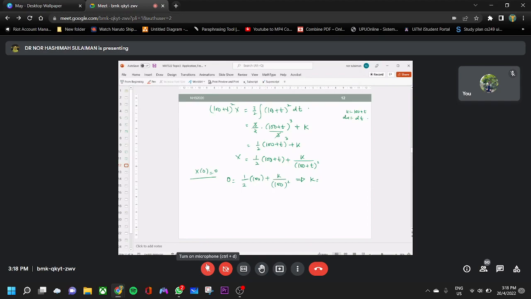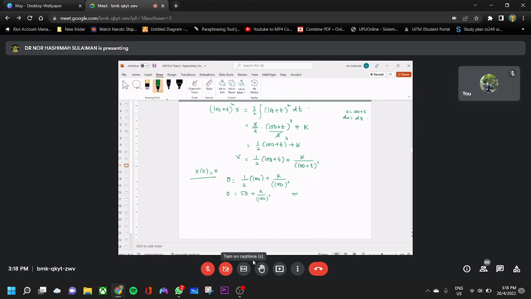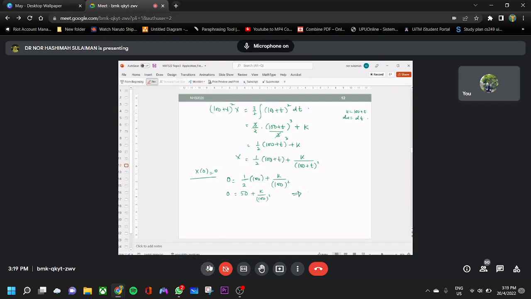Tolong kirakan K dapat berapa? K dapat berapa? Tolong kira guna calculator. Tengah cuba. 50 kalikan dengan apa? 100 kuasa 2, betul? 500,000?